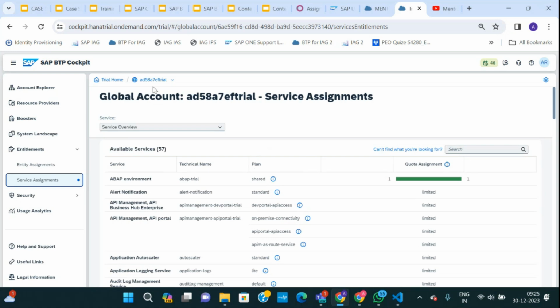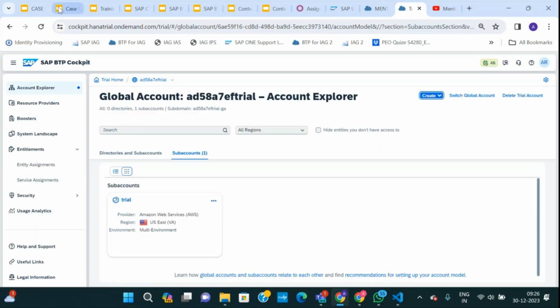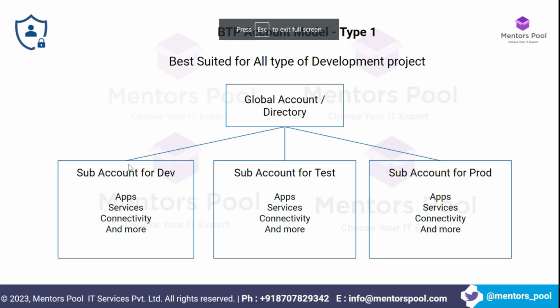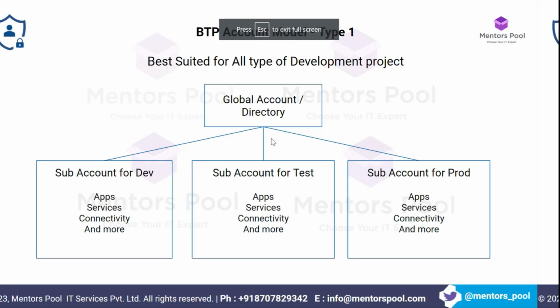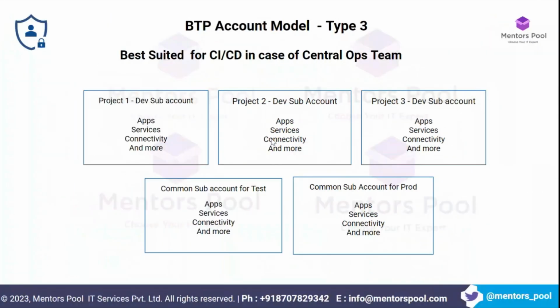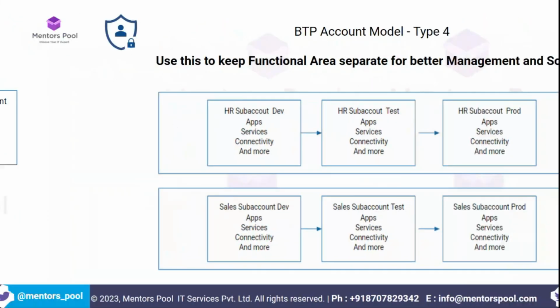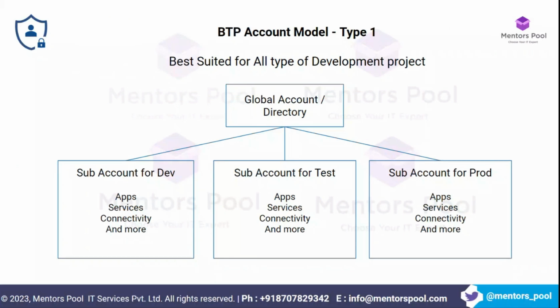Now our requirement is to develop an application. There are different account models we have on BTP, guys. If I quickly show you, this is type 1 account model, type 2, type 3, type 4, type 5, type 6. But here we want to develop an application, and this is the best suited account model for that.